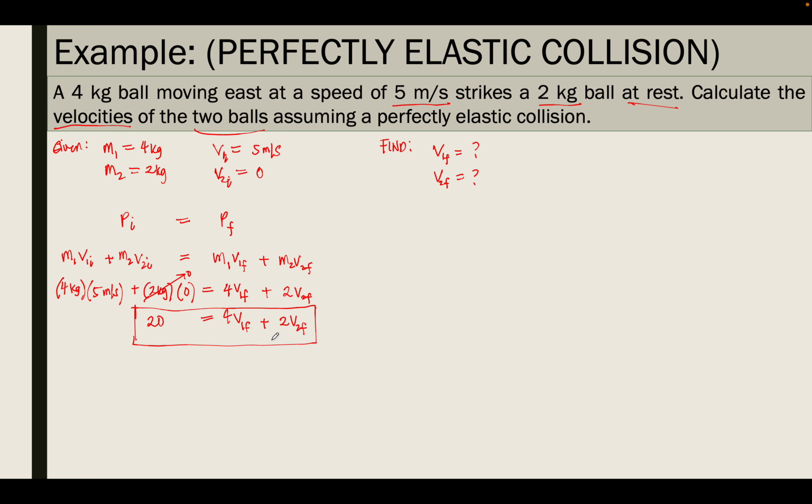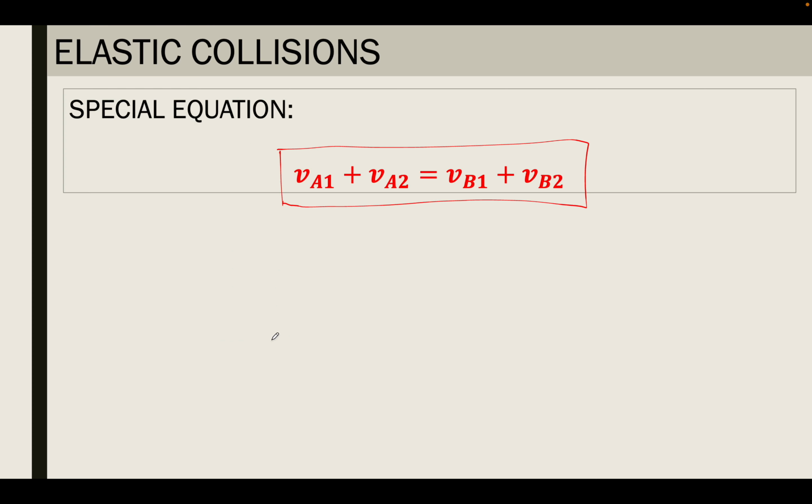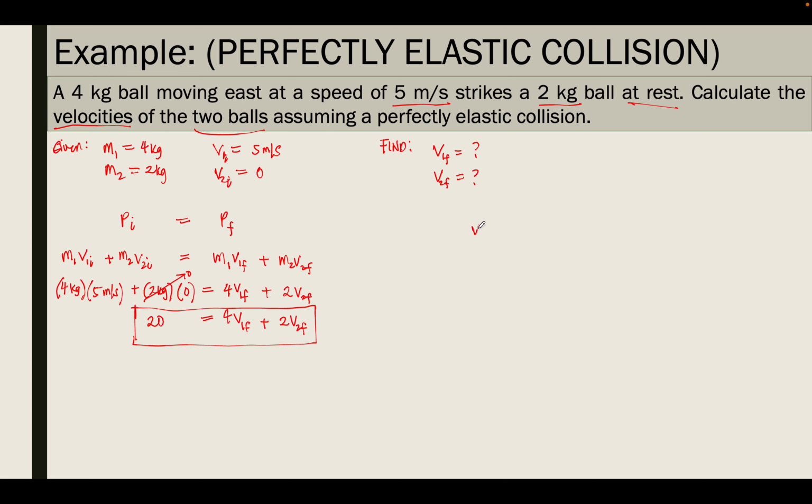Okay, so this is now the time to use the special equation, which is this one right here. We have V1 initial plus V1 final is equal to V2 initial plus V2 final.